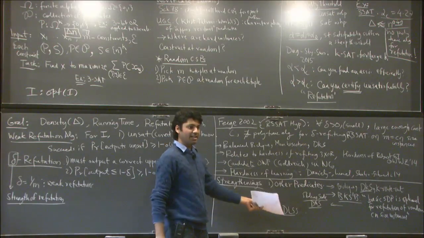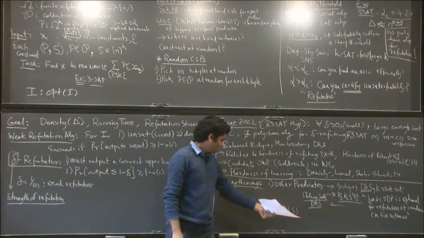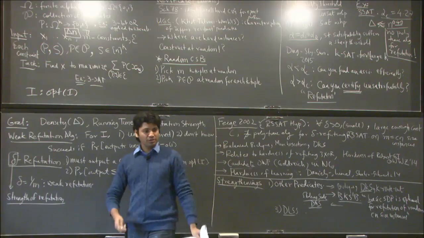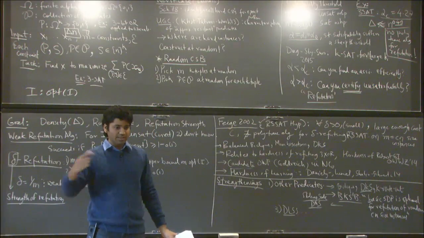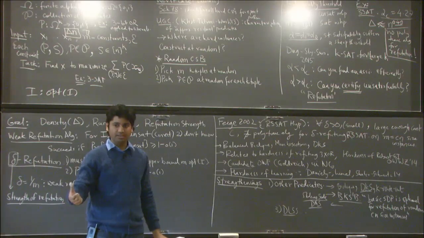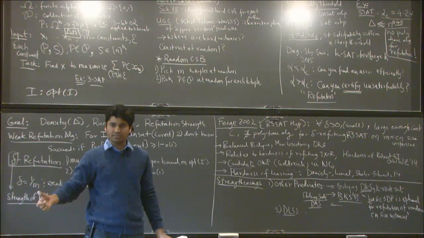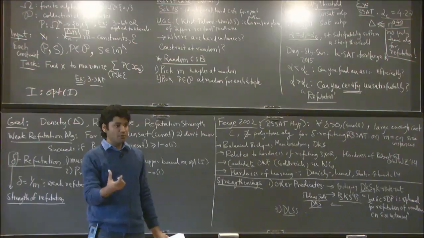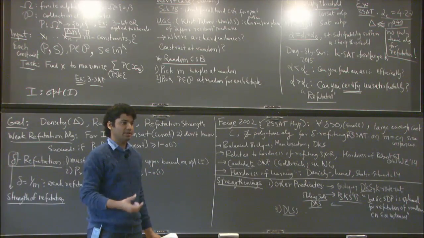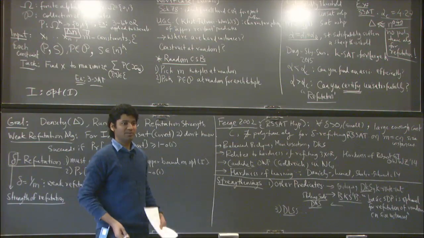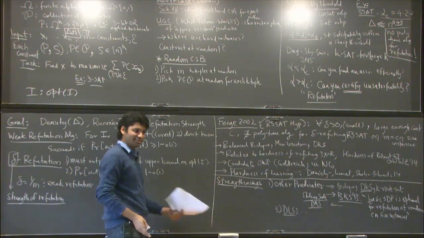But other predicates are important in this hardness of learning paradigm, especially because the predicate you use relates to the class you're proving hardness of. If you want to say that learning some concept class is hard, then it amounts to choosing the right predicate and understanding if the refutation problem for that predicate is hard. So you have to care about whether the RCSP problem on that predicate is hard or not.